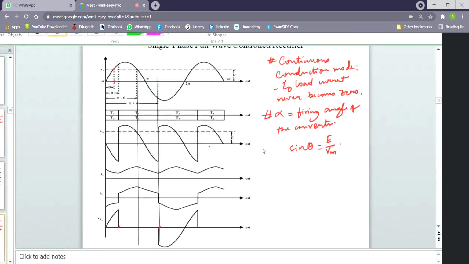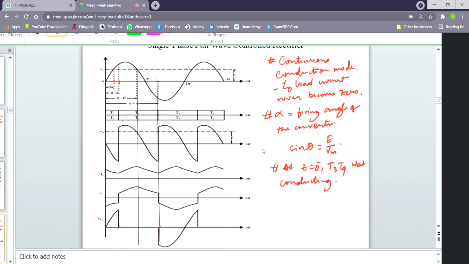Now, as you can see, it is written here that T3 and T4 are conducting. So basically we are assuming that at t equal to 0 negative, T3 and T4 were conducting. Okay, as T1 and T2 are fired at omega t equal to alpha, they turn on.